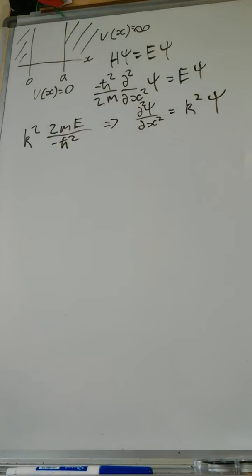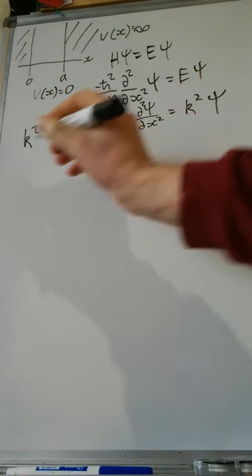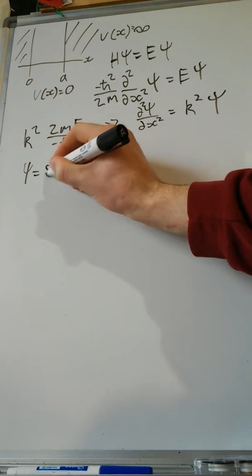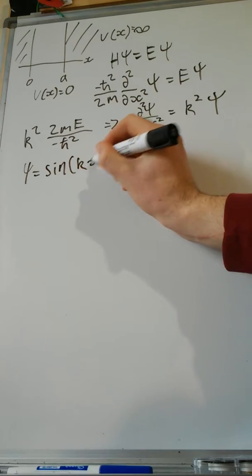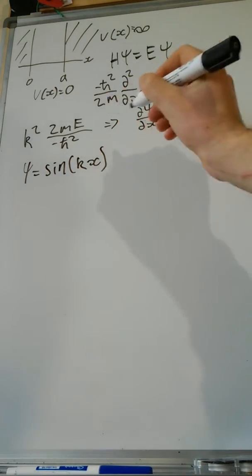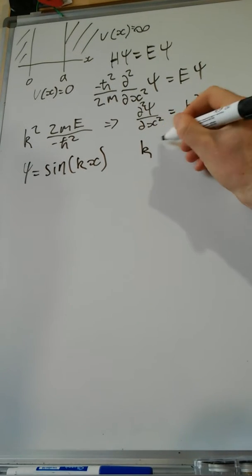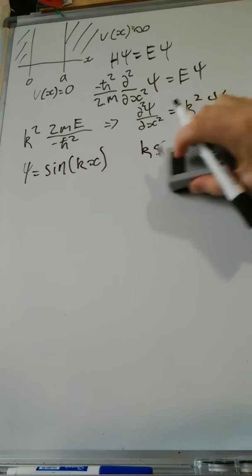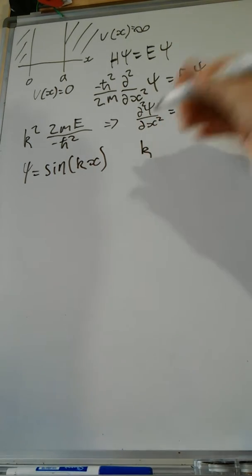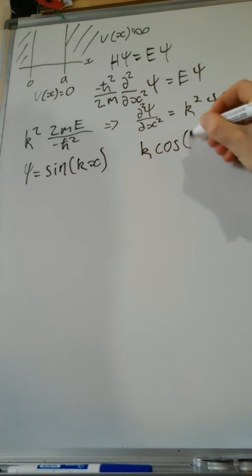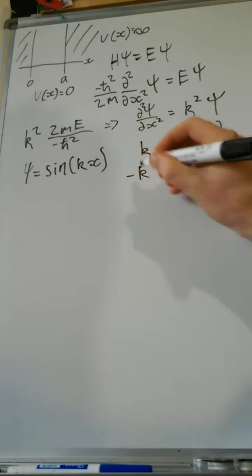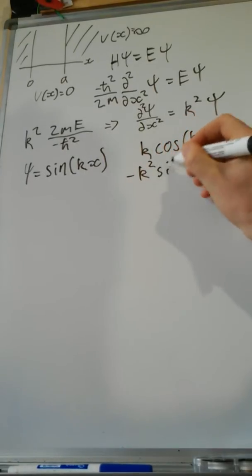Now this makes it much easier to solve because we can simply use a sine solution. So phi is equal to sine kx, which means the derivative of that, you take k outside, cosine kx, and then you take the derivative again, you get negative sine kx times k squared.